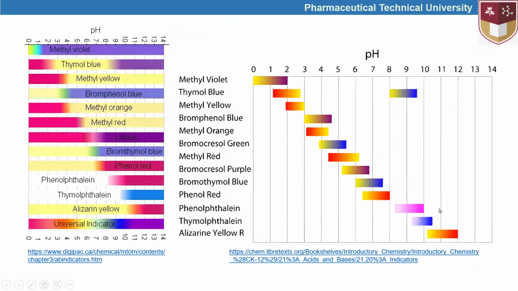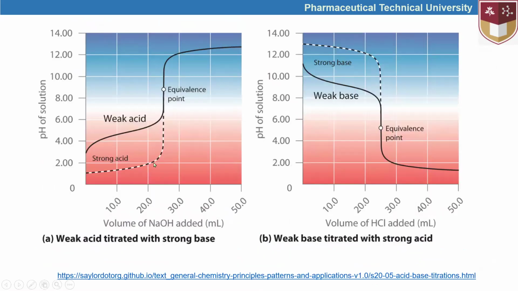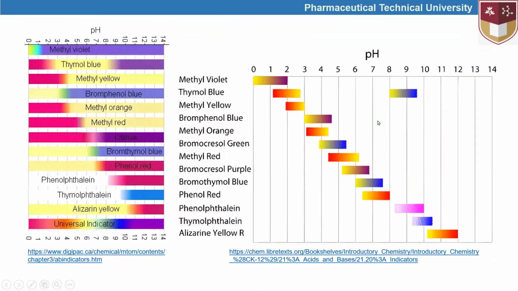And how can we know about the changes of pH if we do not use pH meters, as we were talking about in these examples? In those conditions, when we do not use pH meters, we can use indicators like phenolphthalein, methyl orange, and some other examples.